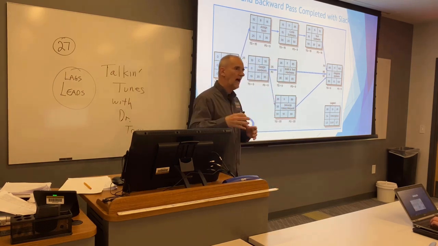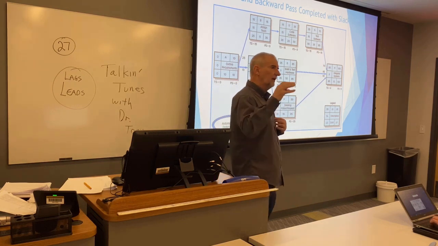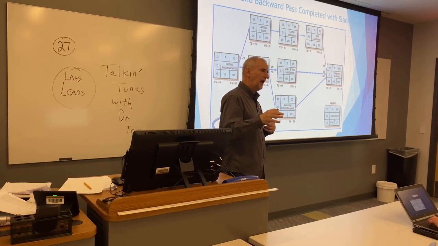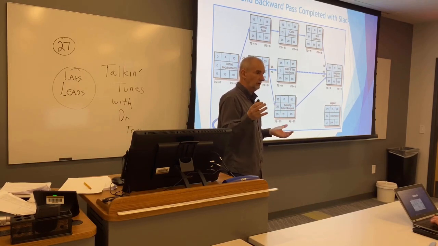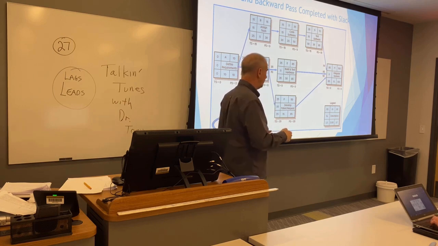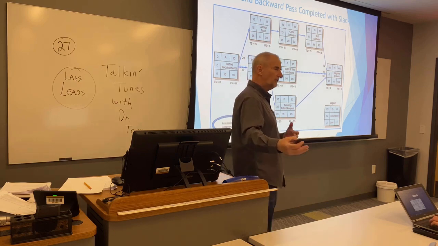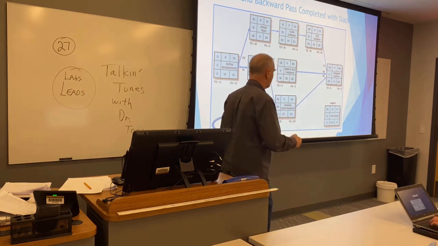For your very last task, the latest finish and the earliest finish are going to be the same number. That's a rule. Okay? Because if you made this number later, that's going to extend our project time. So they're the same.